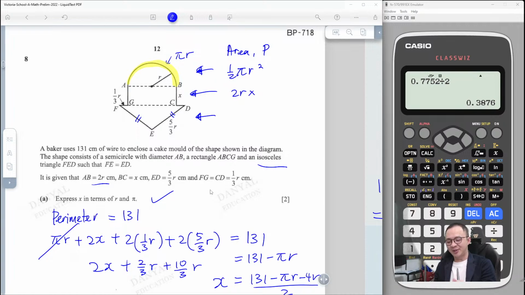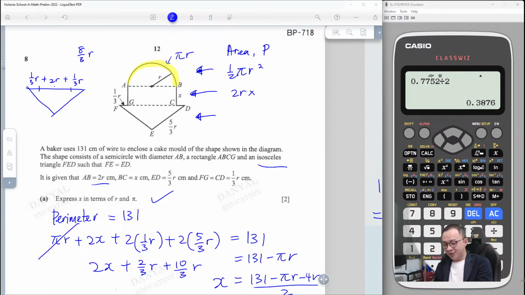This one is a bit tricky because we need to find the whole thing, so let me sketch things out a little bit. This is 1 over 3r, this is 1 over 3r, and the middle is literally 2r. If you add all of them together, 1 over 3 plus 2 plus 1 over 3, you get 8 over 3r.